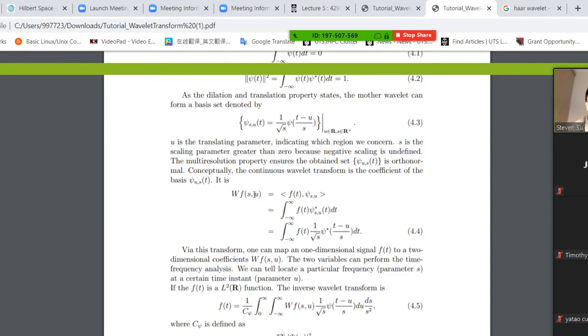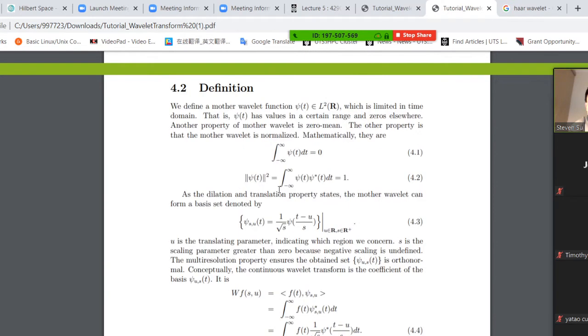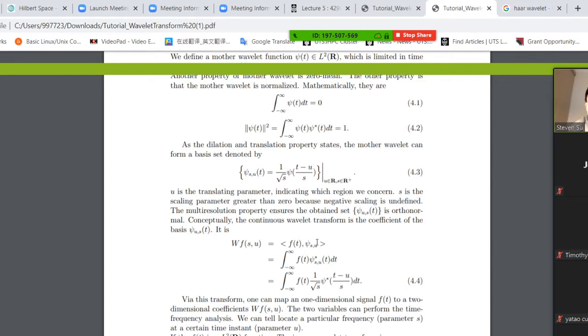And then you can calculate the coefficients by using what is called the inner product. It is actually a convolution, an integration. Here f(t) is the function you want to apply the CWT, continuous wavelet transform, to.